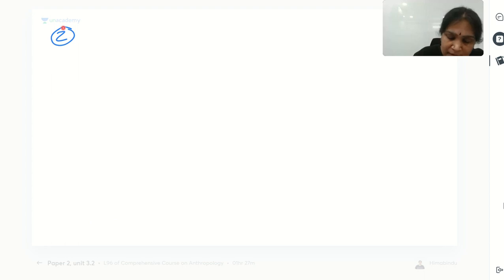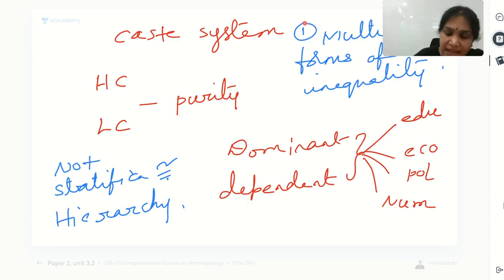Second aspect, I will number it. First aspect is multiple forms of inequality.